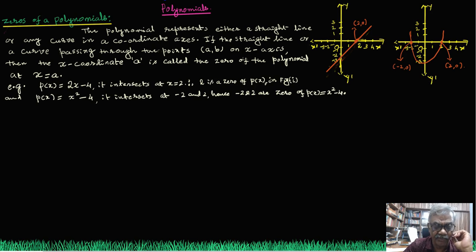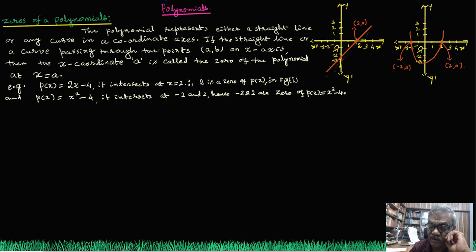For example, p(x) is equal to 2x minus 4. It intersects the x-axis at x equal to 2, that is at the point (2, 0), and it is a straight line.